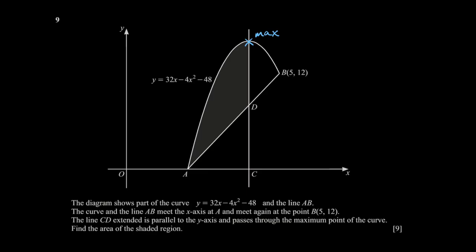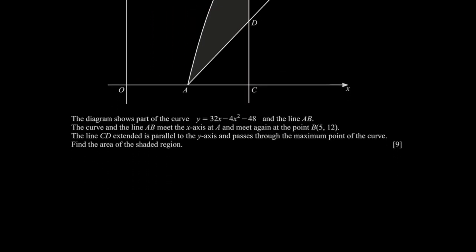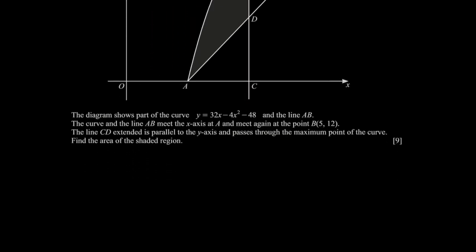Let's say that first of all, what I want to do is find the coordinate of A. Well, A is the x-intercept of this curve here. Okay, so I'm going to find the x-intercept of the curve. So I'm going to write down here x-intercept is when y is equal to 0.